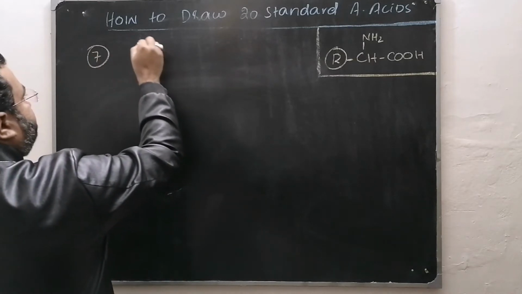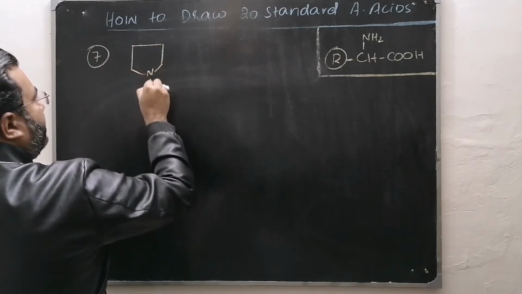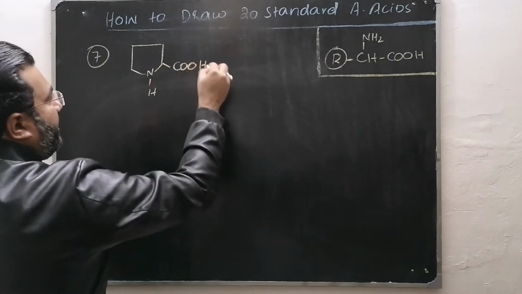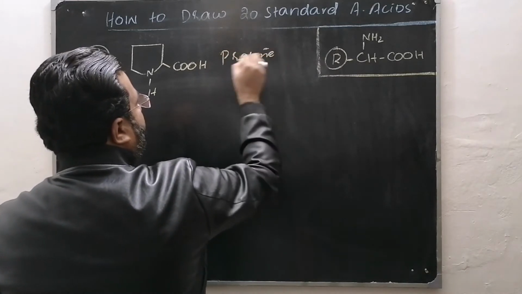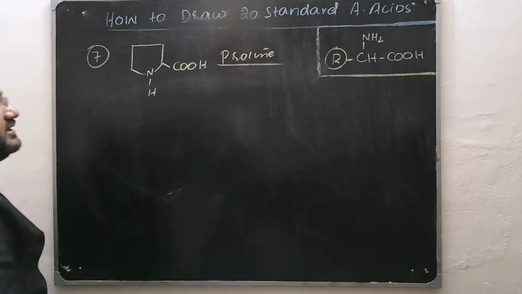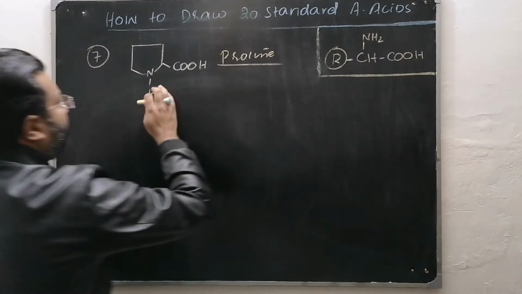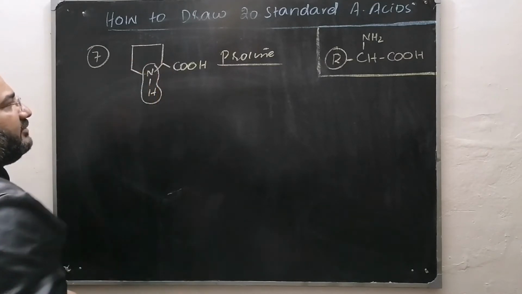Seventh one is different from all amino acids, and that is proline. My dear students, it is the only amino acid in which no primary amino group, no NH2 group is present. Rather, there is only one secondary amine group.